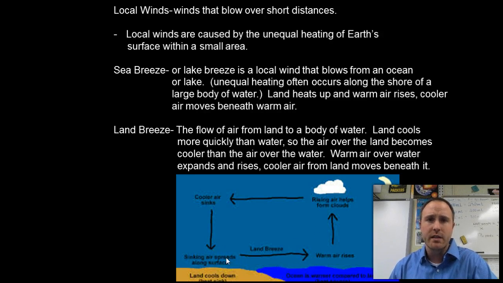During the summertime, as the sun beats down onto this land, it is going to heat up very, very fast, and the warm air is going to begin to rise. As it does that, the cooler, more dense air is going to move in underneath.